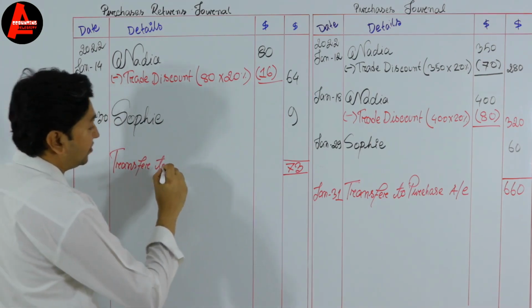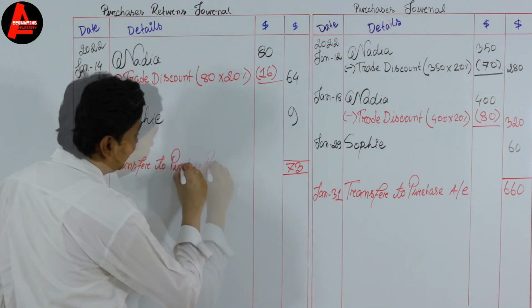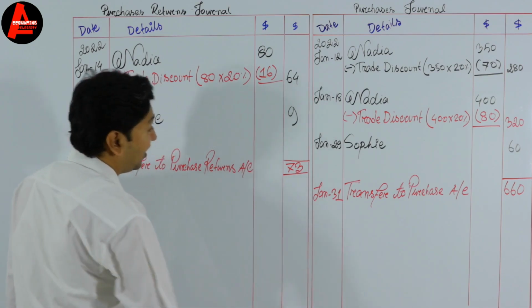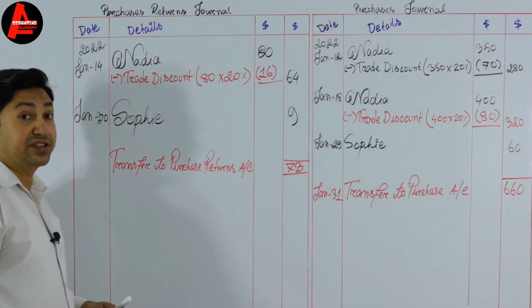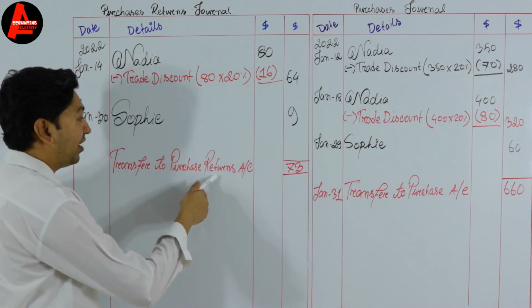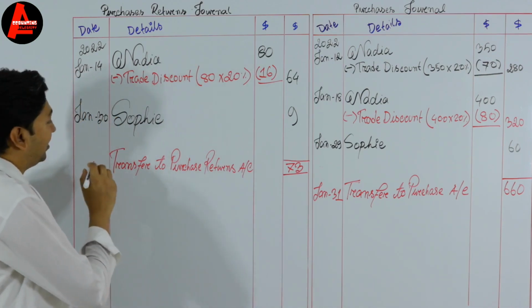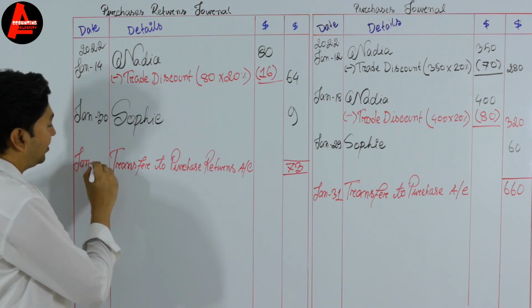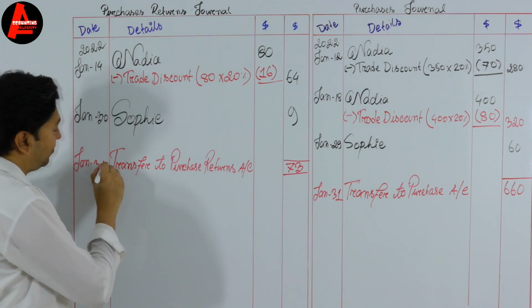Transfer to purchase returns account, not purchase returns journal. It will be an account, a nominal account. The date will be the same, the last day of the month, the 31st.